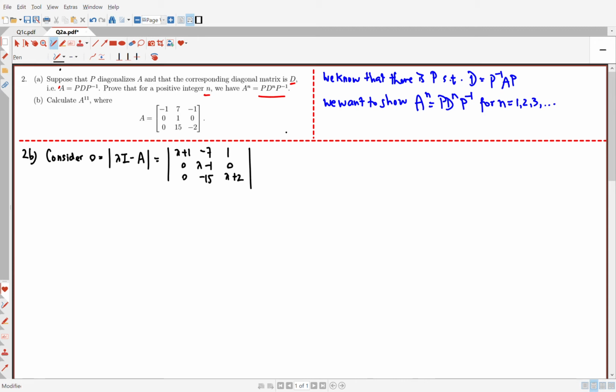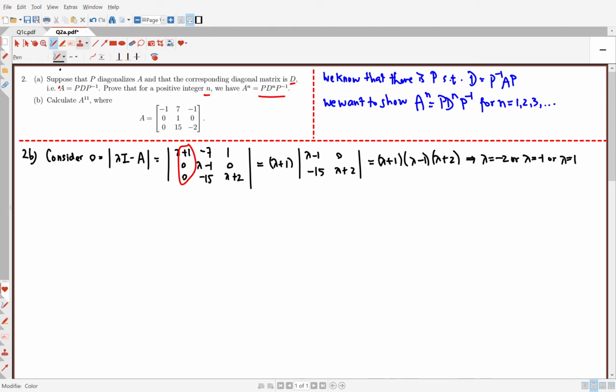We compute this by doing cofactor expansion on this column, and I will have lambda plus 1 multiplied by the determinant of lambda minus 1, 0, minus 15, lambda plus 2, and this is just lambda plus 1 times lambda minus 1 times lambda plus 2. So lambda is equal to minus 2, or lambda equals minus 1, or lambda is equal to 1.